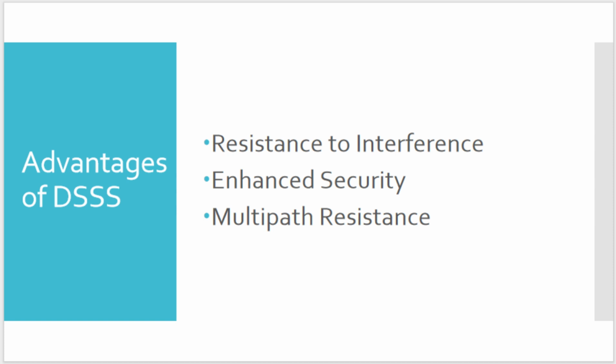Enhanced security: the signal appears as noise to unauthorized receivers without the correct PN sequence, providing a level of security. Multipath resistance: DSSS mitigates the effect of multipath interference, where the signal reflects off surfaces and arrives at a different time, improving signal clarity.